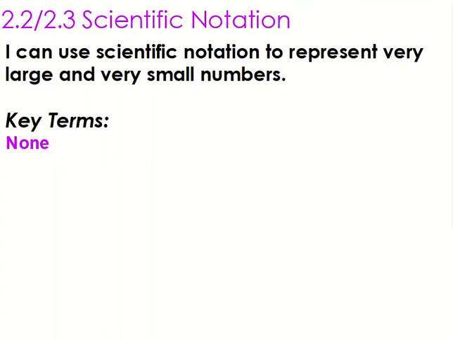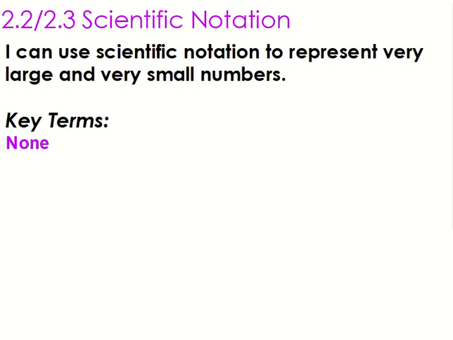All right, we are moving on to 2.2, and we're combining it with 2.3 because they are very similar concepts, and it just doesn't seem like we need two videos. This is called scientific notation. Scientific notation is used to represent very large and very small numbers.